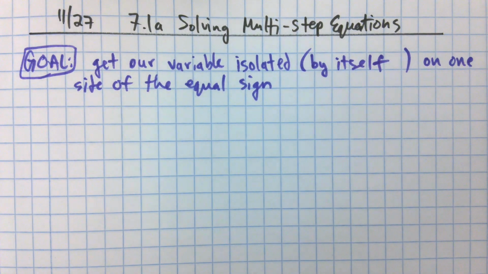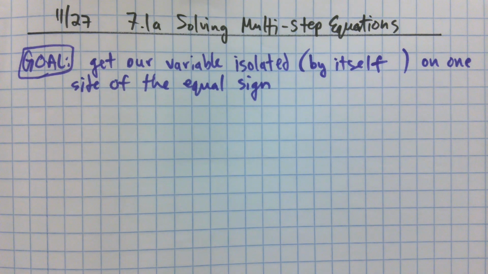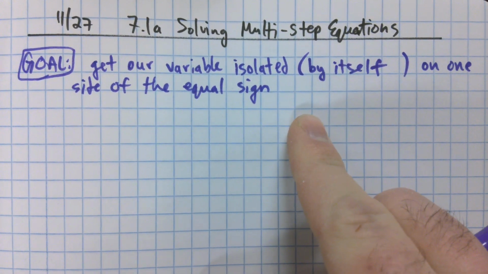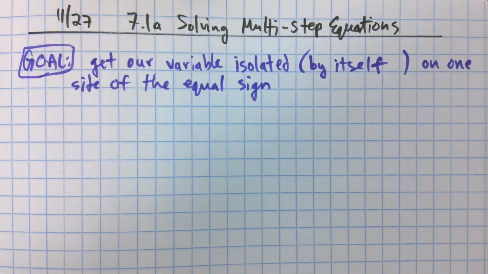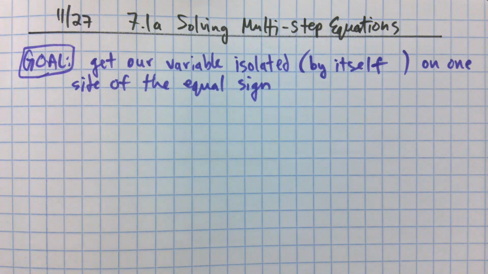Typically, we want it on the left side so that it reads x equals blank from left to right. But the beautiful thing about an equal sign is that it goes both ways. It doesn't matter what side our x is on technically. We just typically like to have it on the left because, in America, we read things from left to right. But in reality, it doesn't matter.